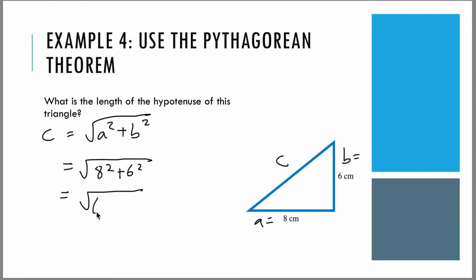This is the square root of 64 plus 36, which is the square root of 100, which is 10 centimeters. Since the original sides were in centimeters, the final result is in centimeters.